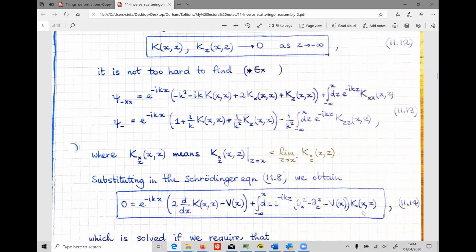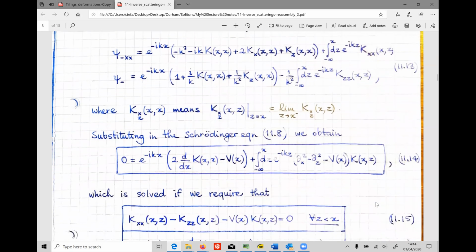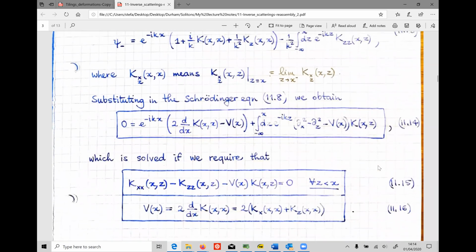And then there is also this integral over z of e to the minus ikz times a differential operator acting on K. We just want the sum to vanish, but we can solve this equation easily if we require that both the factor in brackets and the integrand vanish. So that gives us equations 11.15 and 11.16.